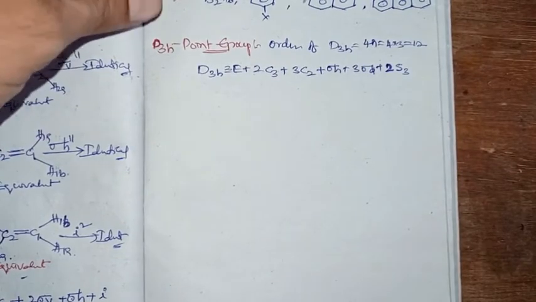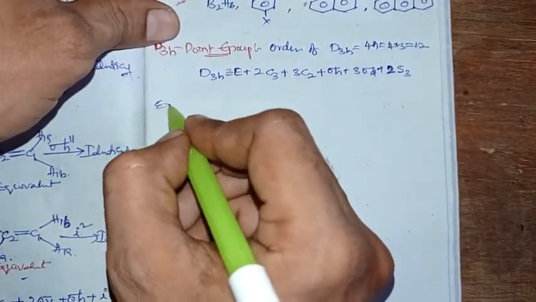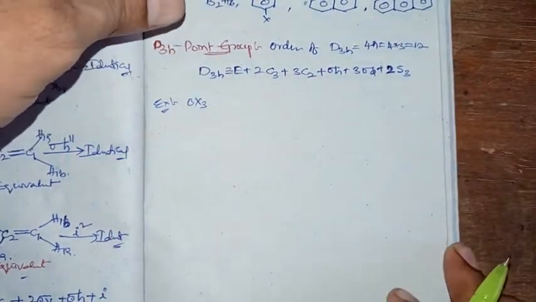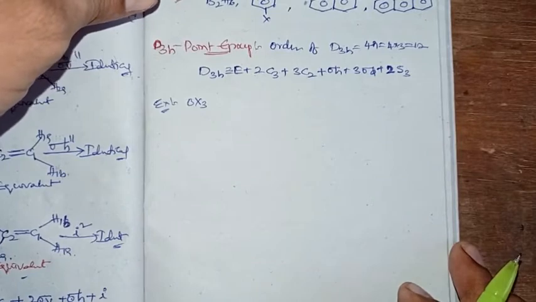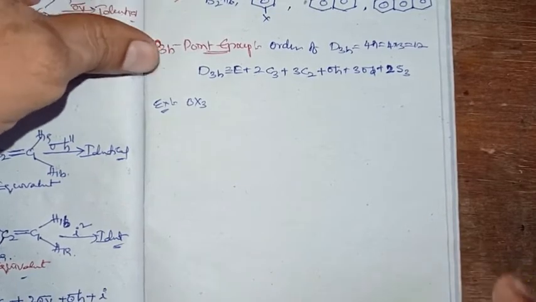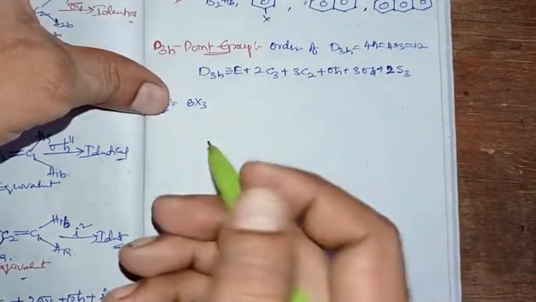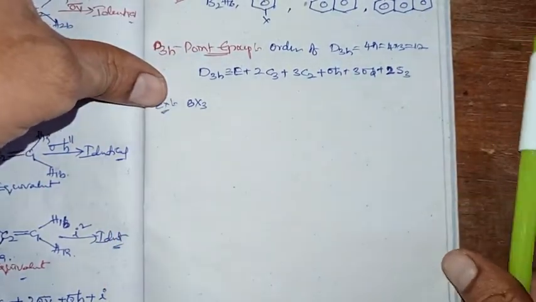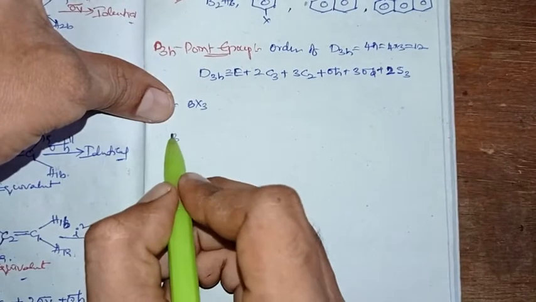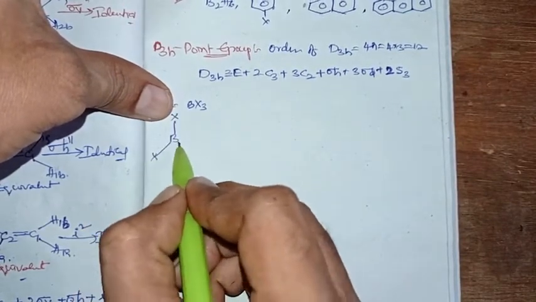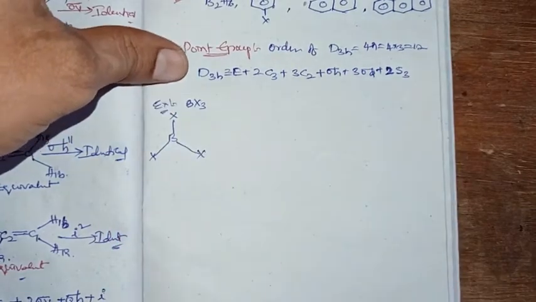So the best example to examine D3h is the BX3 molecule, trisubstituted boron. The structure we have examined and discussed many times. It is a trigonal planar molecule like this.